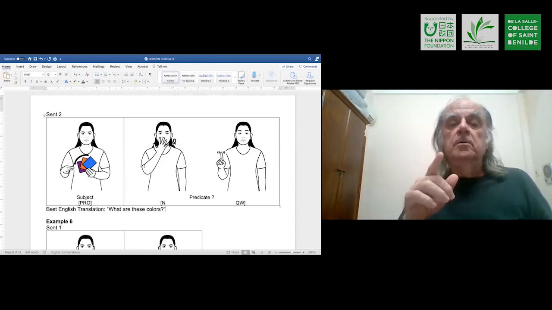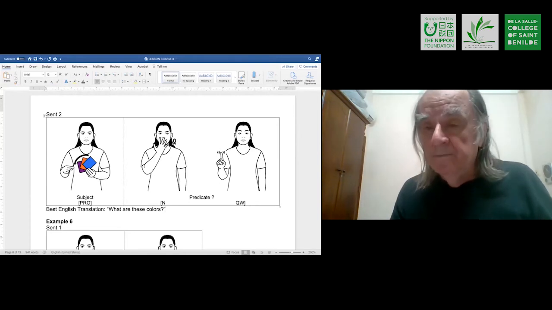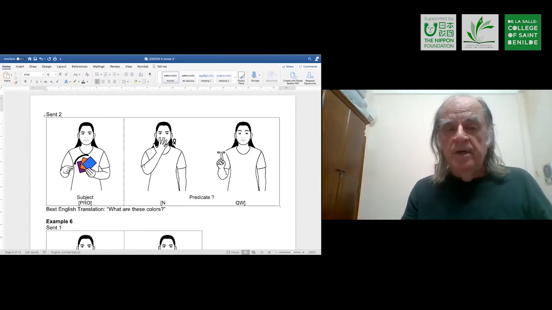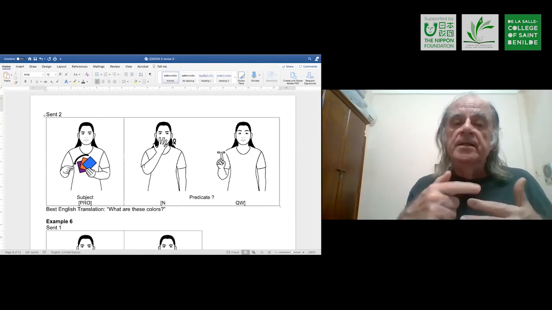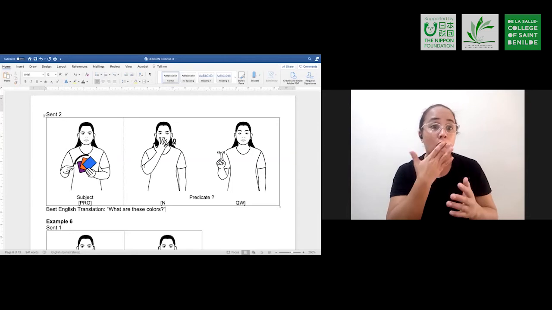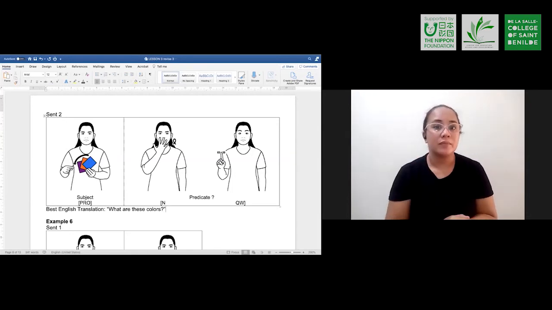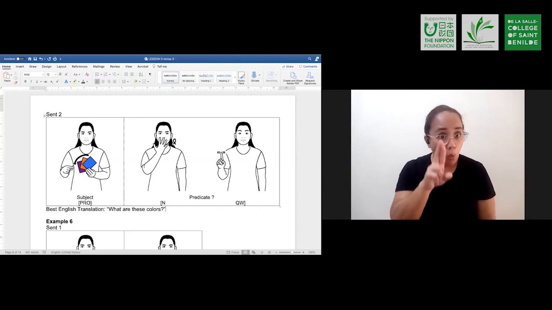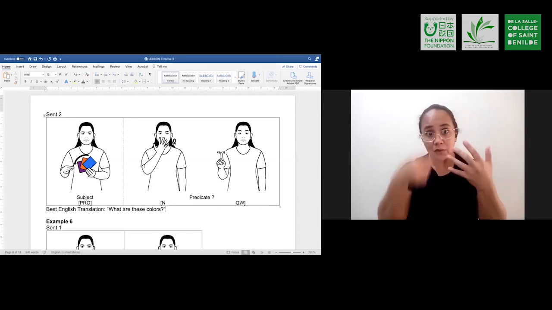Okay, so in signing FSL, when you ask the question, do you ask the question immediately after the other? So for example, these colors how many? These colors what? Or do you ask the question, these colors how many?